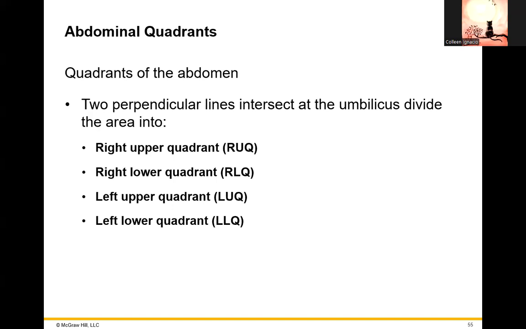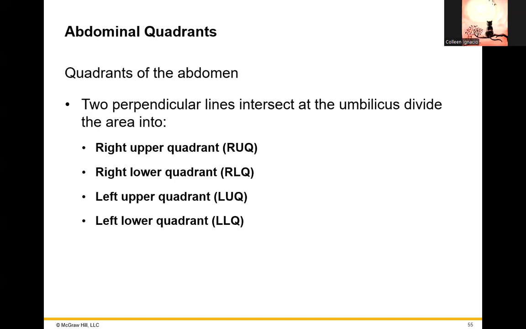The abdomen is divided by imaginary lines that give it four sections. We have a left half and a right half, and an upper and a lower, when we are looking at the abdominal quadrants.